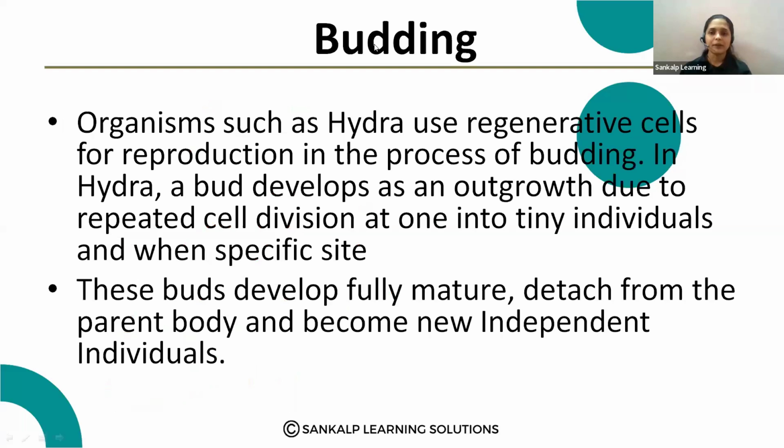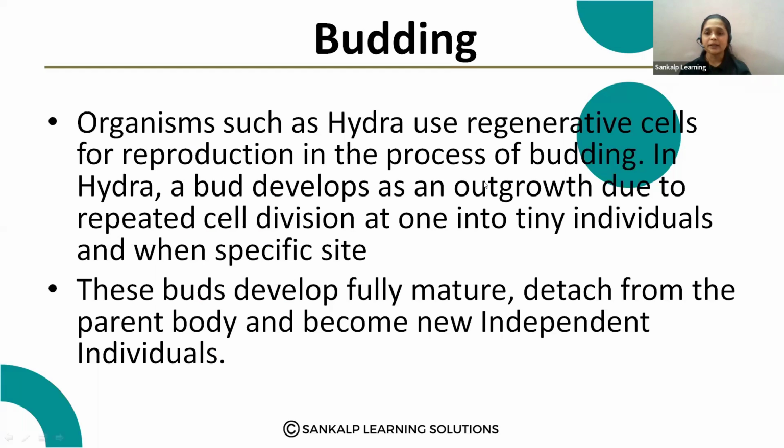Here I have taken budding. You can explain any one type of asexual reproduction. In budding, organisms such as hydra and yeast use regenerative cells for reproduction.